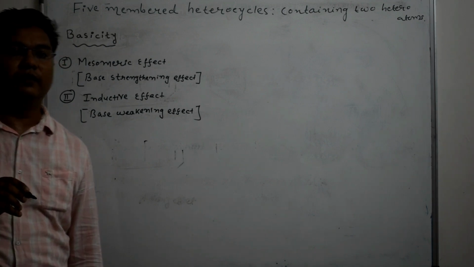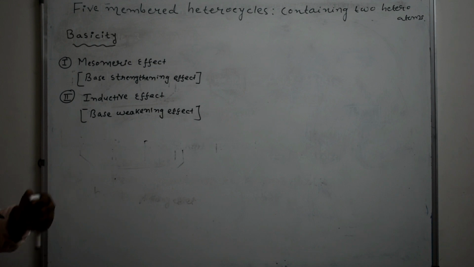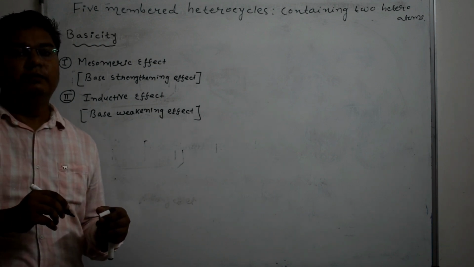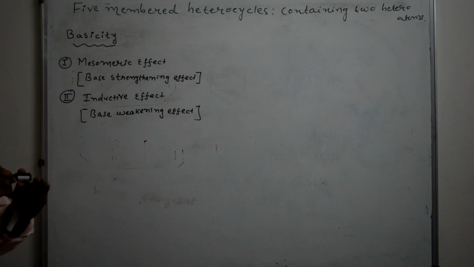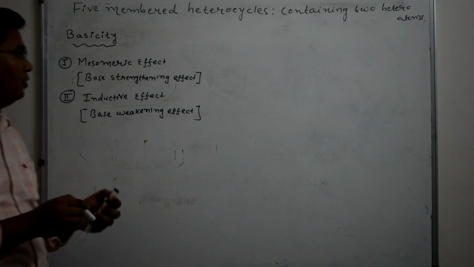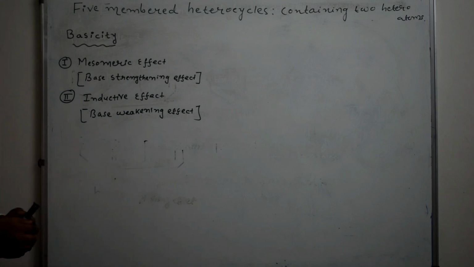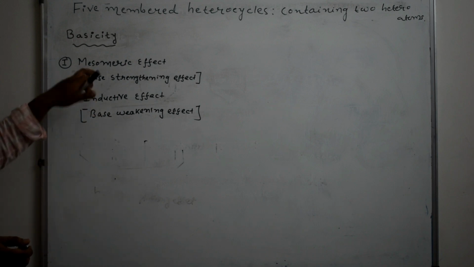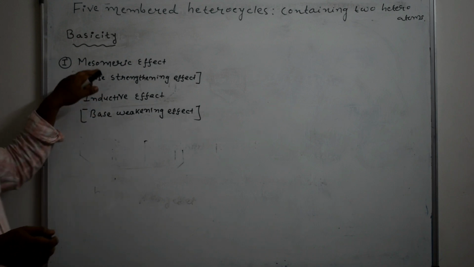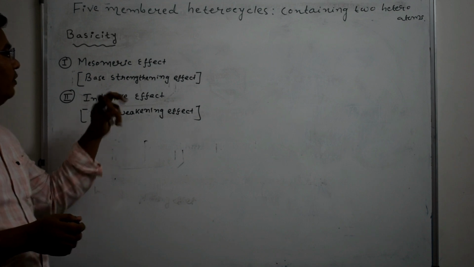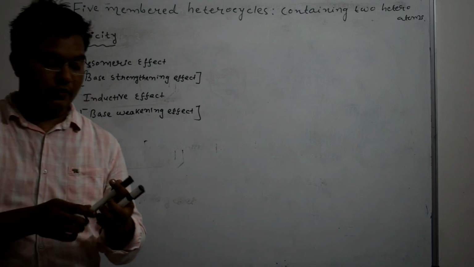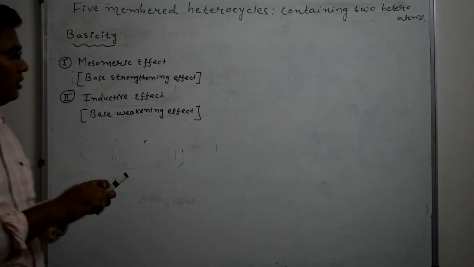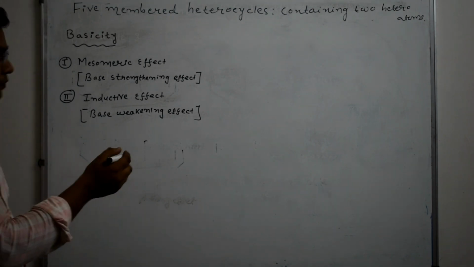Due to the inductive effect, the delocalization of electrons will be decreased, so there will be lesser electron available for donation, whereas in 1,3-azoles the mesomeric effect is dominant, and it is a base strengthening effect. So it will act as a stronger base as compared to the 1,2-azole.